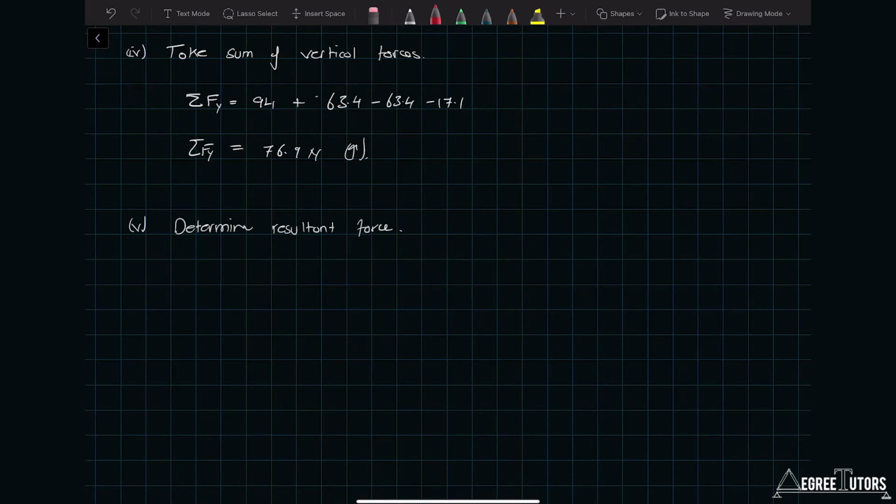All right, so we said the horizontal component was a negative 12.8, so that was a 12.8 acting to the left. We said the vertical component was 76.9, a positive number, so it acts upwards, so that's something like that. And so the resultant vector would look like this. So let's just call that F sub res, label this Fx, we have a number for it, and label this Fy. All right, and so the other thing that we need to specify is the orientation.